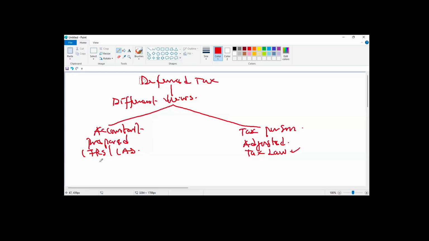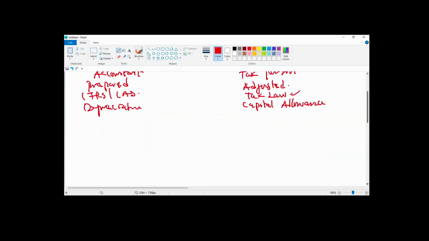The way we see things differs. The accountant says depreciation; the tax person says no, it's a capital allowance. The accountant says carrying amount, an item recognized in the financial statements as an asset or liability.